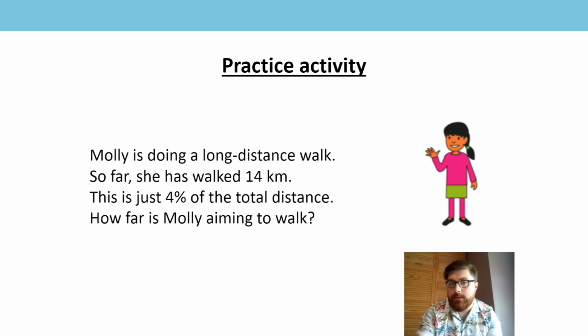And then we've multiplied that part up to get 100%. So I wonder which way you're going to go about it. I'd be very interested to see. But what I would do is try and use the most efficient method to get your answer. Okay, so remember, the most efficient method is the one that gets you the answer in the quickest way with little effort.